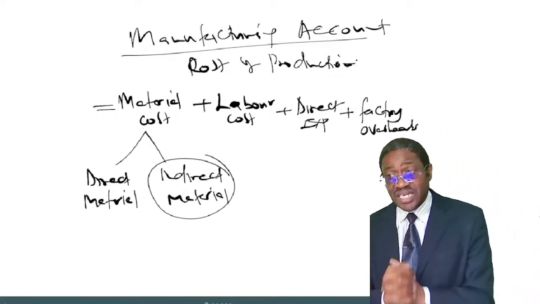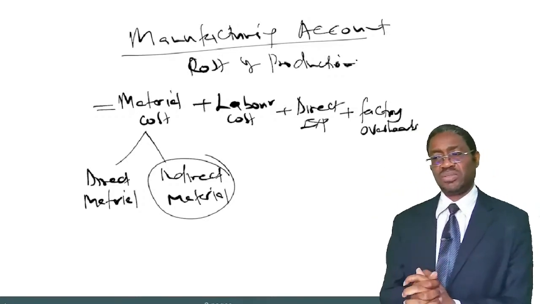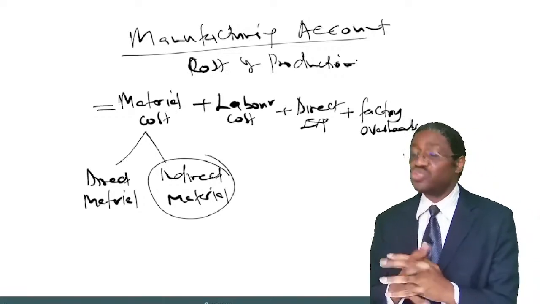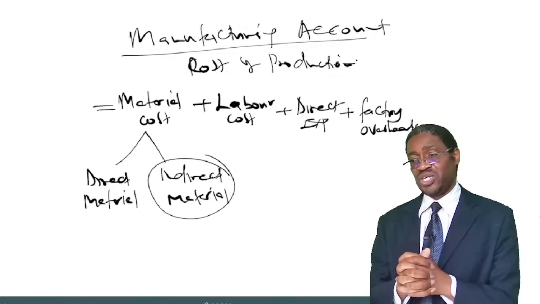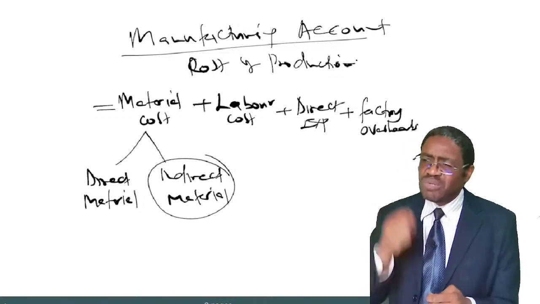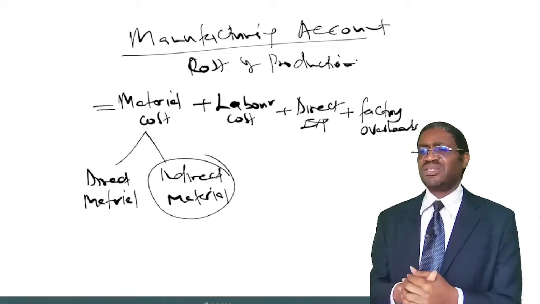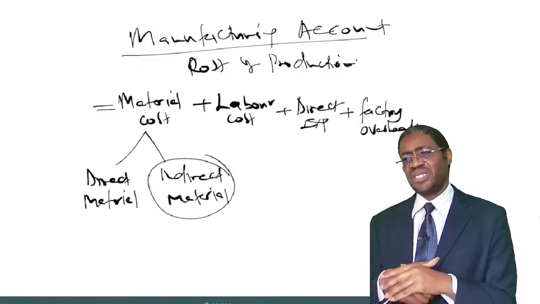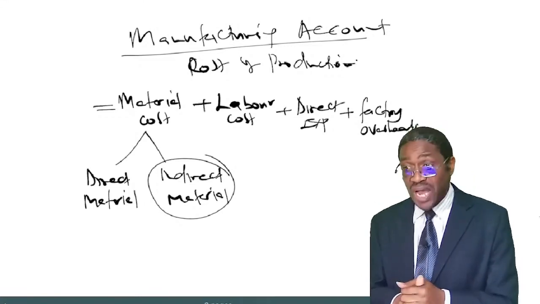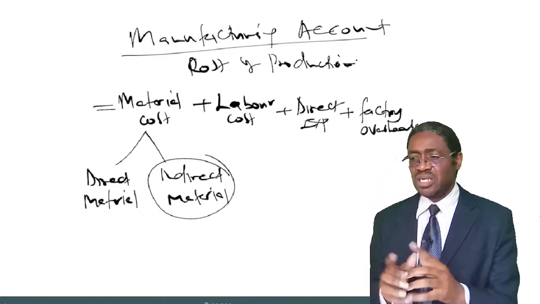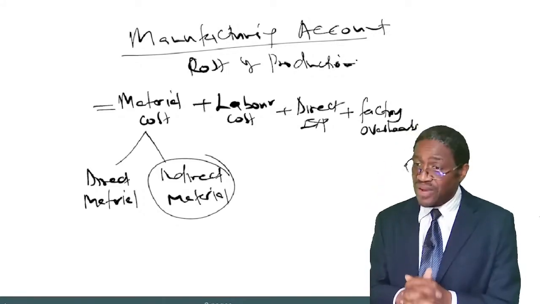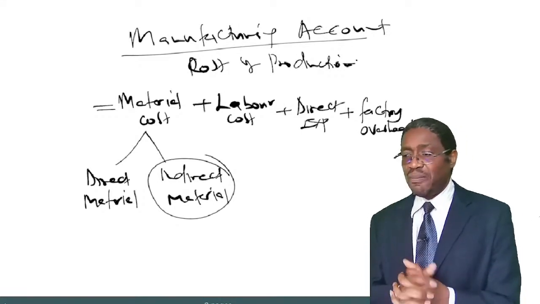What are indirect materials? These are materials you need, listen, in the manufacture of whatever you're manufacturing, but they cannot be identified in the final product. You can't see them in the final product, yet you need these materials.